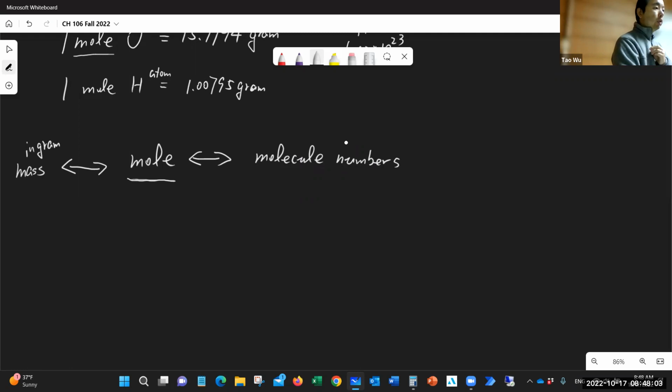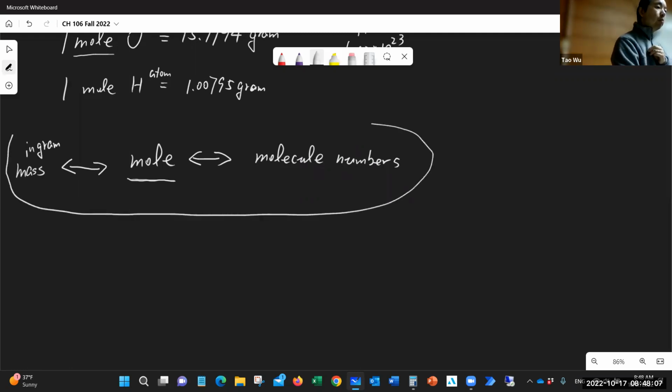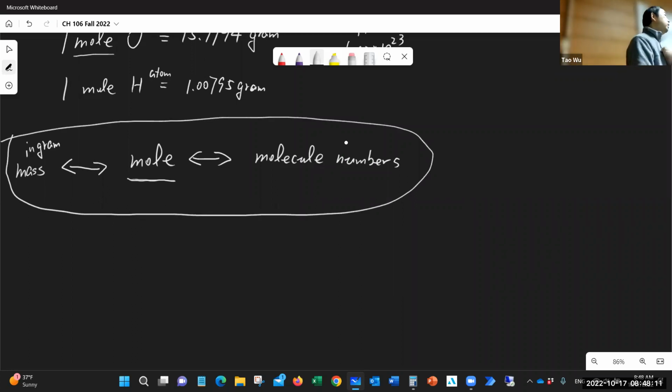So that part is very important, and this is a fundamental part for the following calculations and topics in this chemistry unit. We're going to do the conversion between mass and mole to the molecule numbers.